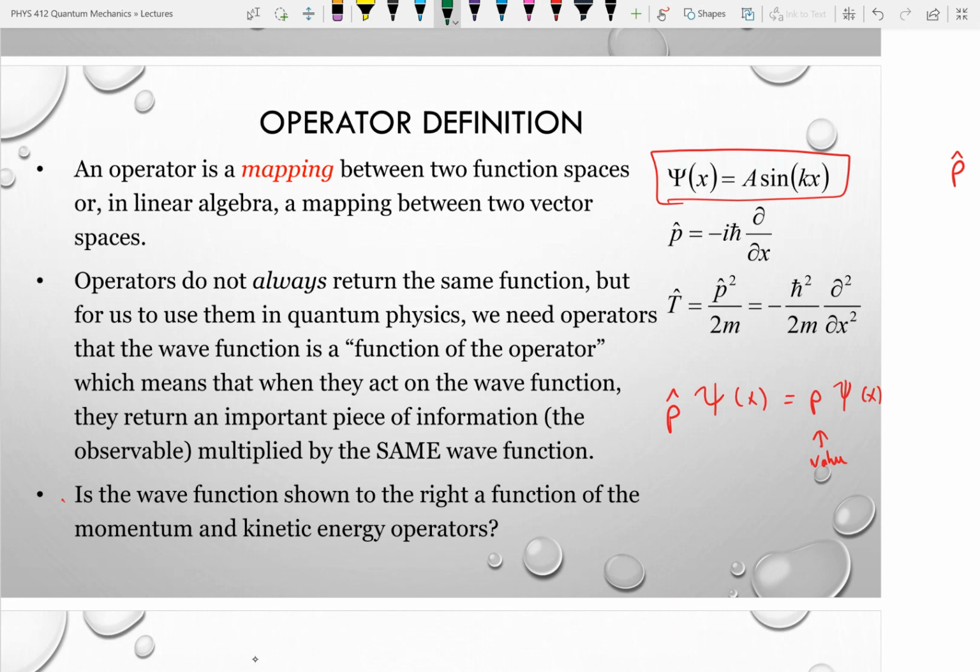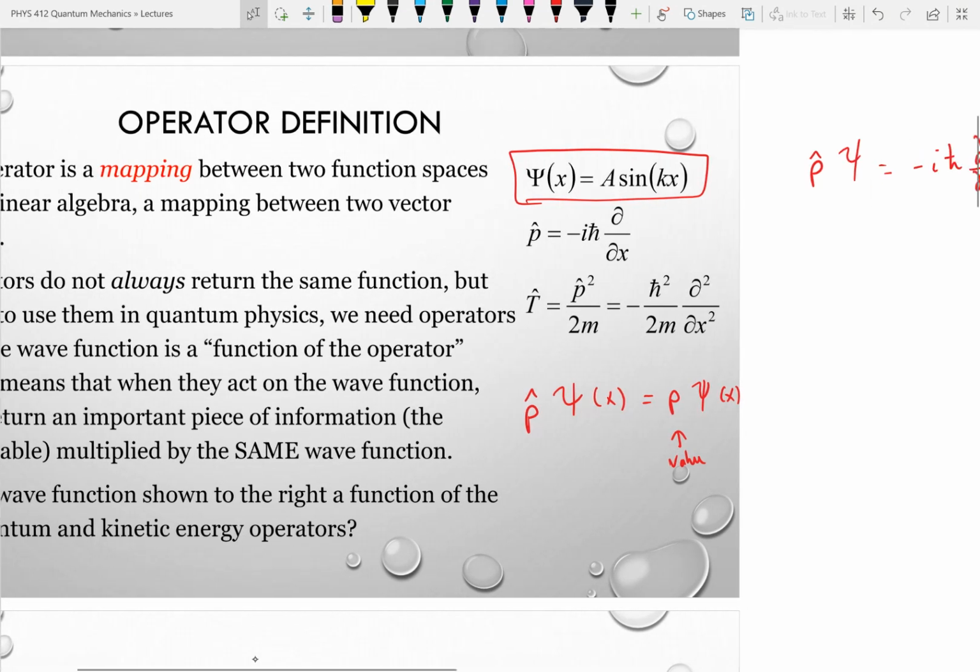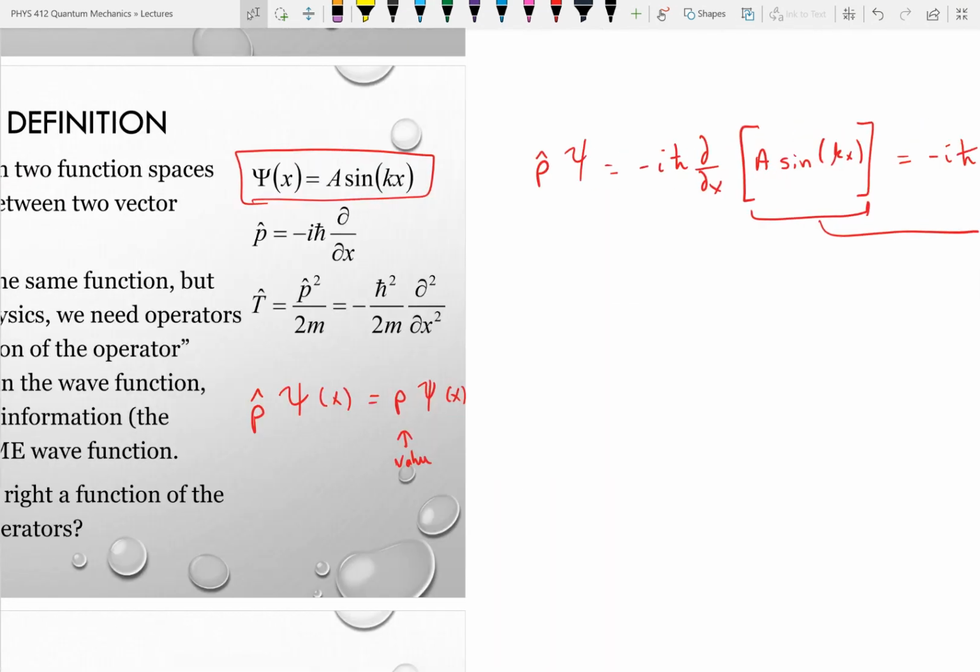Now we go to kinetic energy. One tends to have a preconceived notion that if psi is not a function of the momentum operator, then it isn't going to be a function of momentum squared either, right? It seems to make sense, but we're going to check.